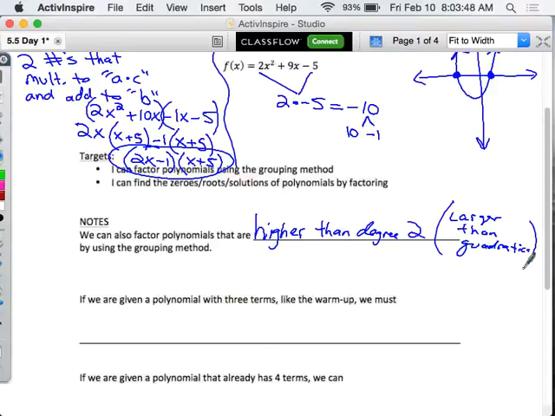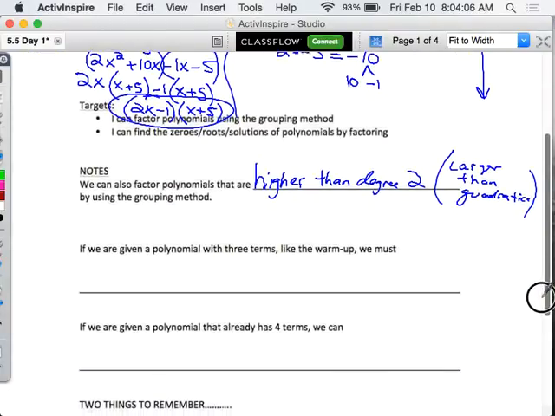So we can also factor other things, not just quadratics. We can factor bigger polynomials. To do this, we use the same method though. It's called the grouping method, where we group the first two and the last two. It's the same method, just a little bit bigger numbers, but it's not much more difficult.